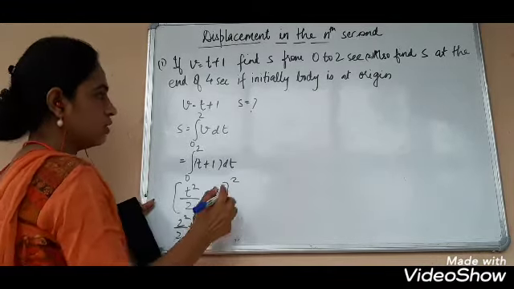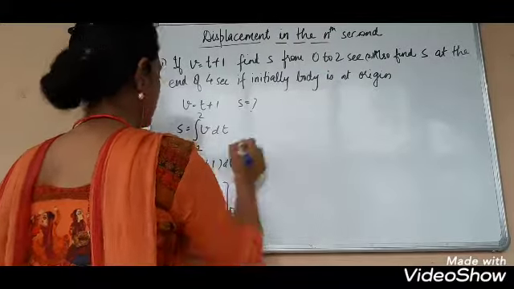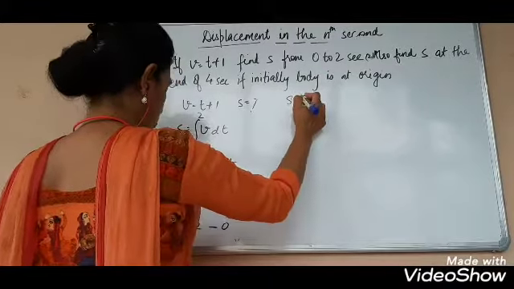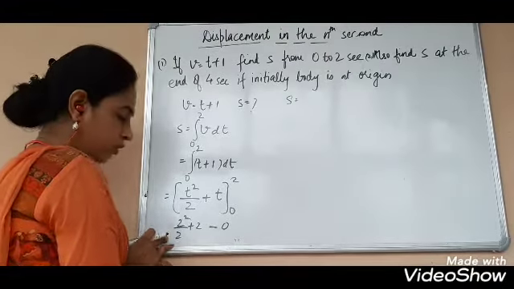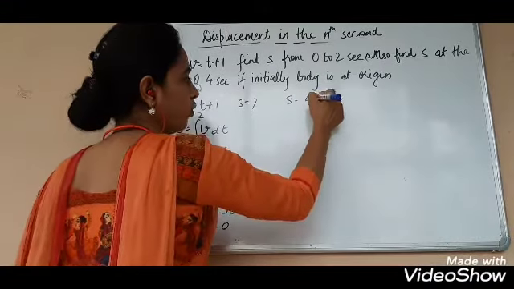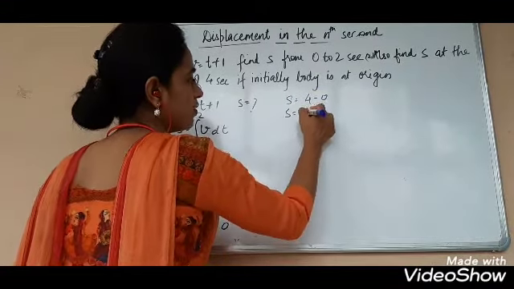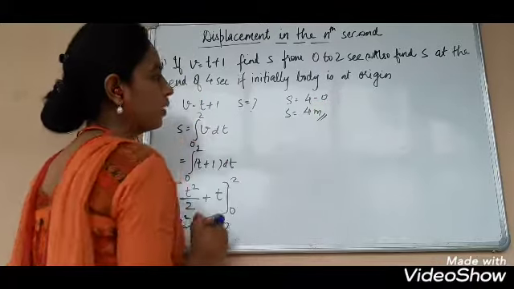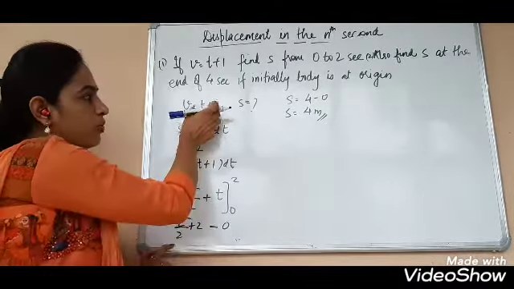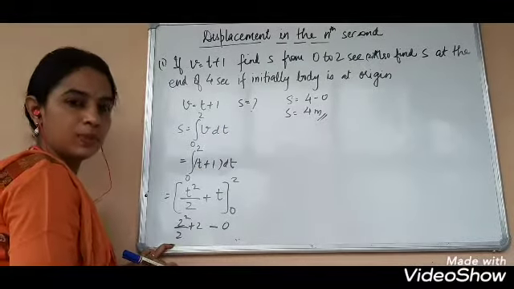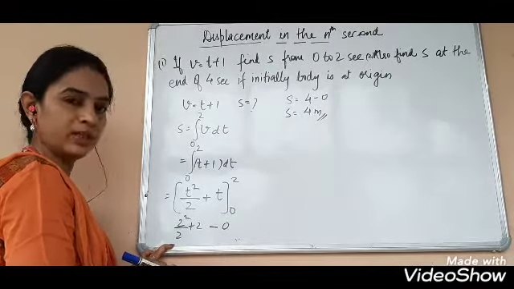So s is equal to 4 by 2, which is 2, plus 2, that is 4, minus 0. So s is equal to 4 meter. So from 0 to 2 seconds, when the body moves with this velocity, the displacement is 4 meter.